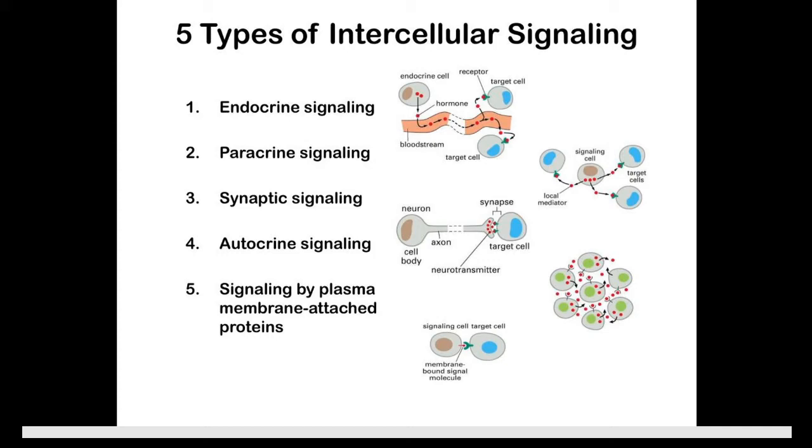That receptor receives the signal and transfers it through the bloodstream, so it's called endocrine, and reaches the target cell. That's the endocrine process. Next is the paracrine process. Paracrine signaling is direct cell to cell interaction. This direct cell to cell interaction happens via local mediators.